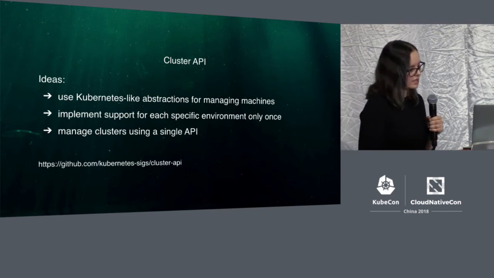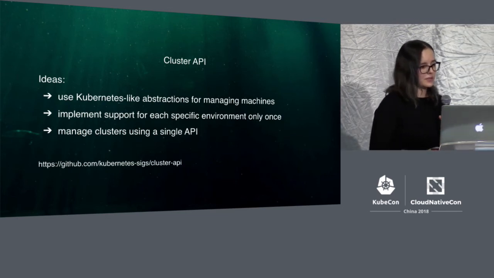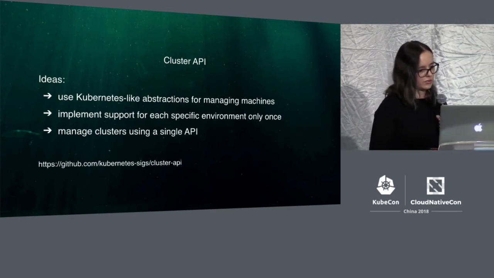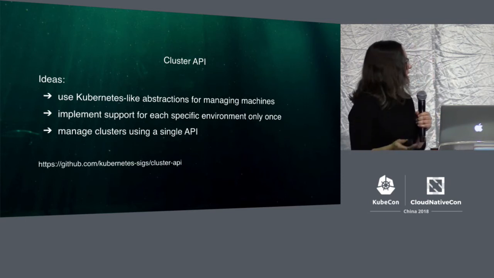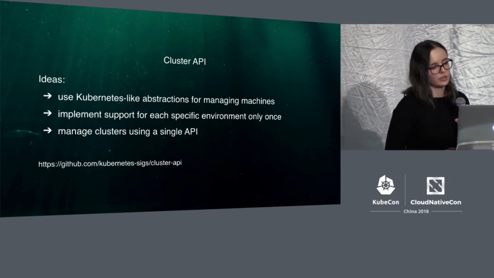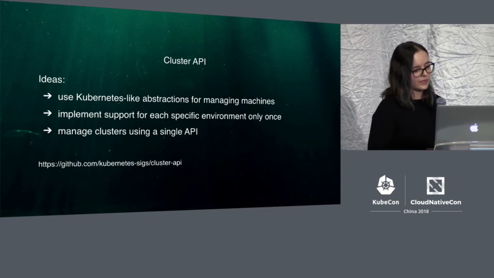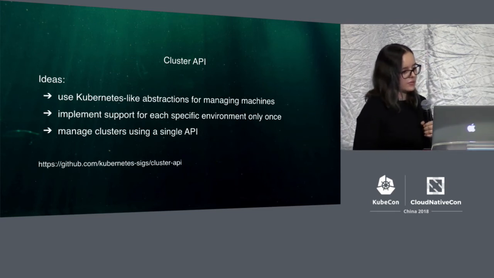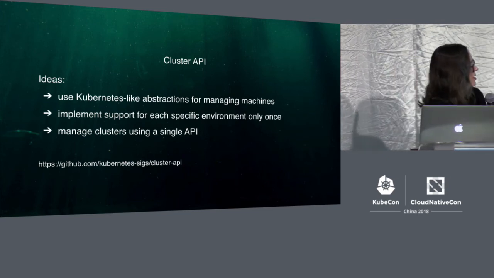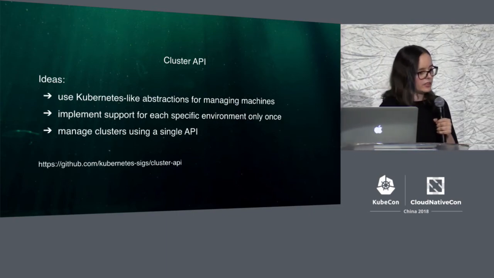So this is very similar in some way to the node group abstractions we already used, although it takes it much further, obviously, allowing rolling upgrades and stuff like this. And it also means that you will implement this for each specific environment only once.